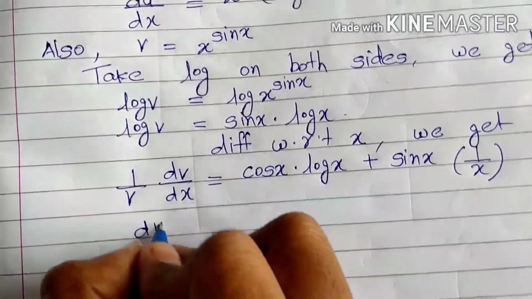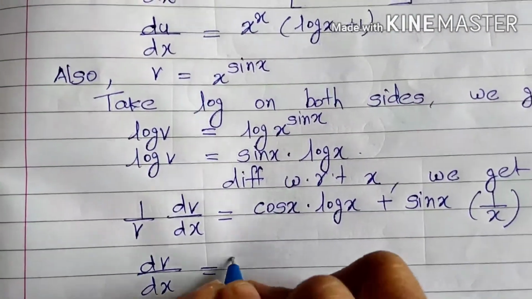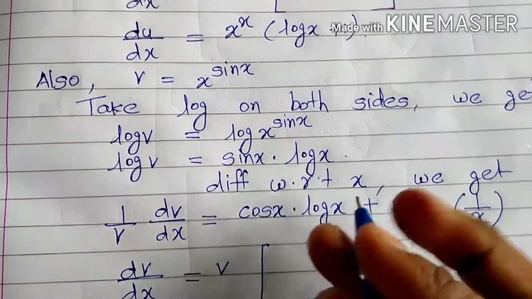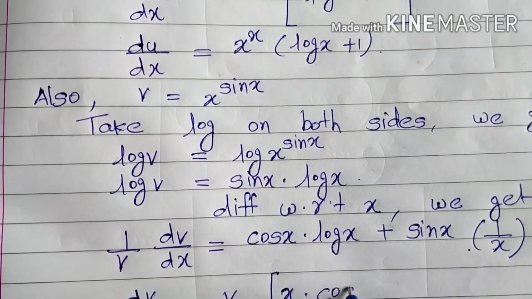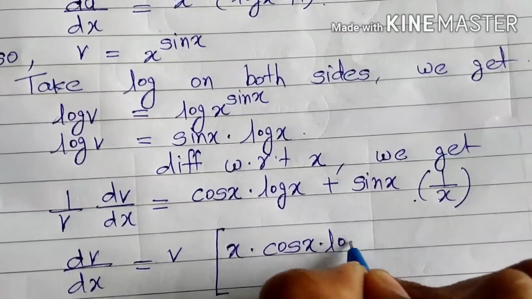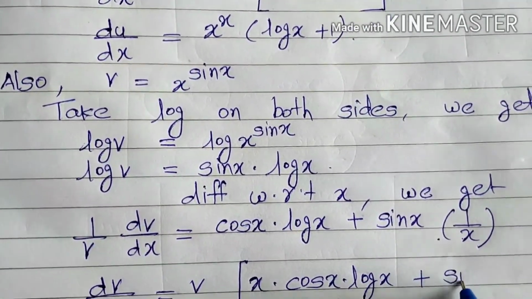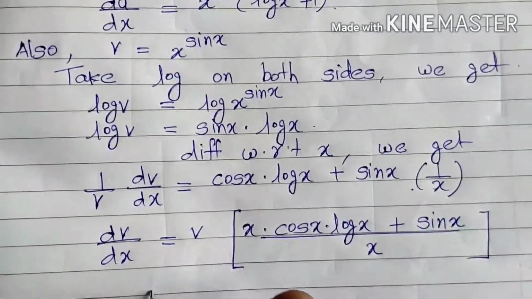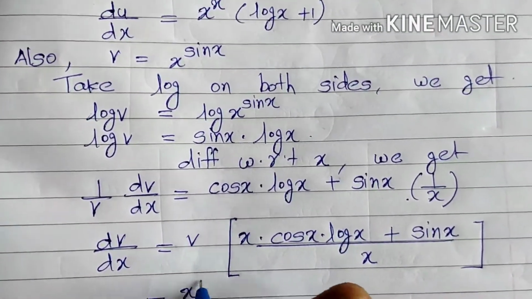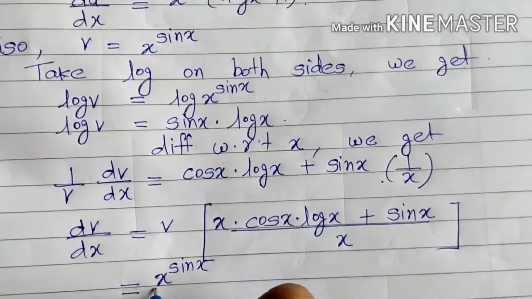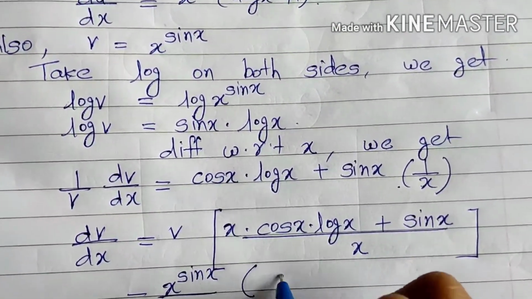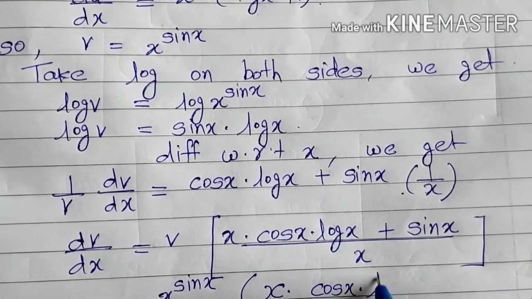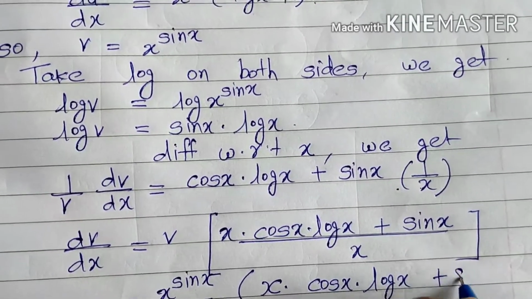So dv upon dx is equal to v into, you can multiply this, x into cos x into log x plus sin x upon x. Put the value of v, which is x raised to sin x. Take this x and the remaining x into cos x into log x plus sin x.